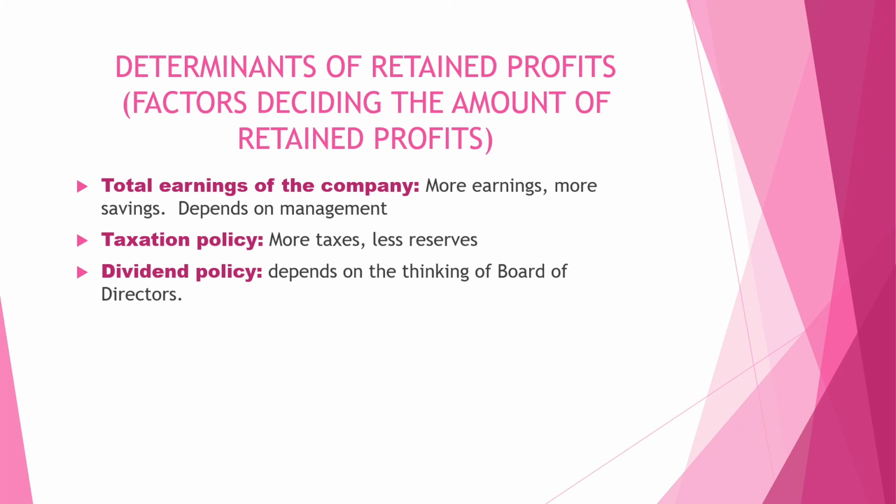So, if the board of directors decide to have more reserve fund, the dividend of the shareholders decreases. If the board of directors are risk players, they will give more dividend to the shareholders. At that time, the reserve fund will be less. This decides the market price of the shares also.